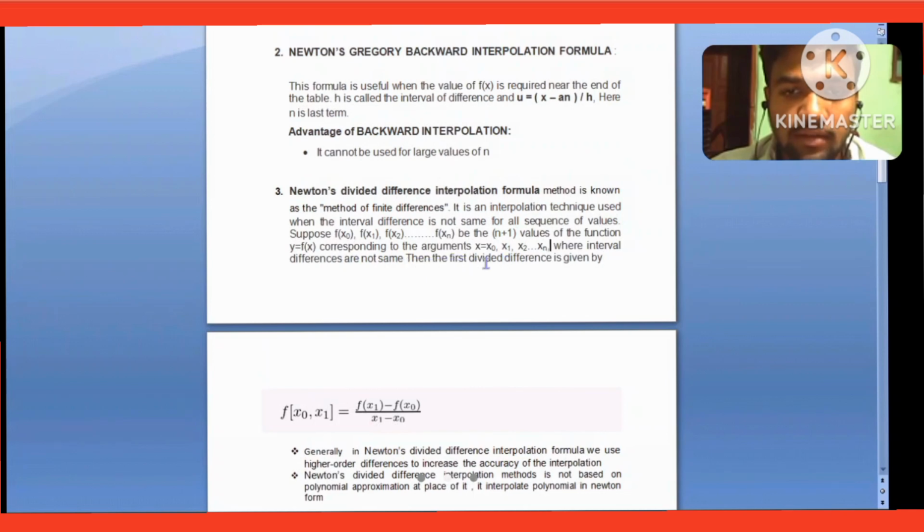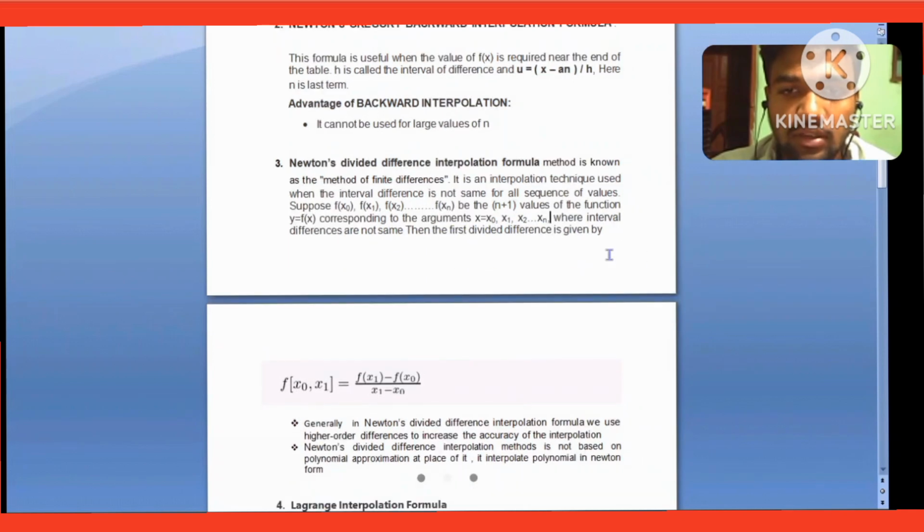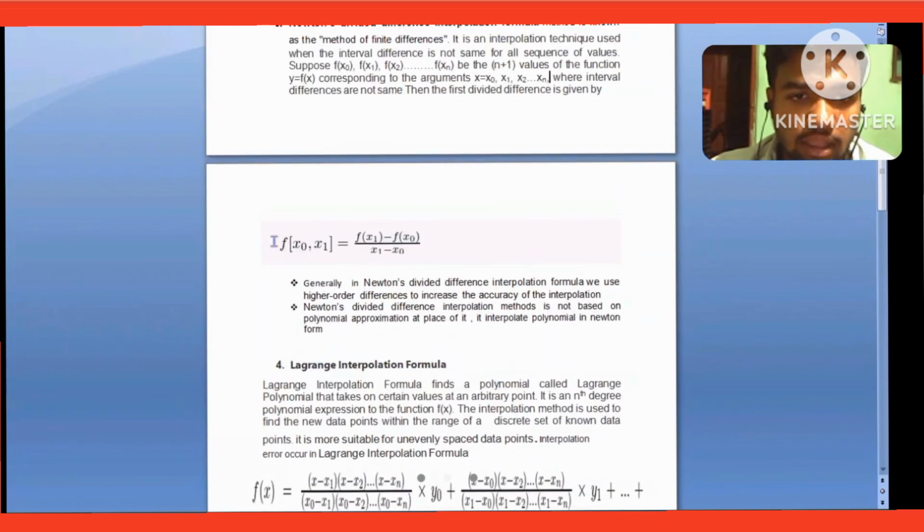The first divided difference will look like f of x0 comma x1, which will be f(x1) minus f(x0) divided by x1 minus x0.